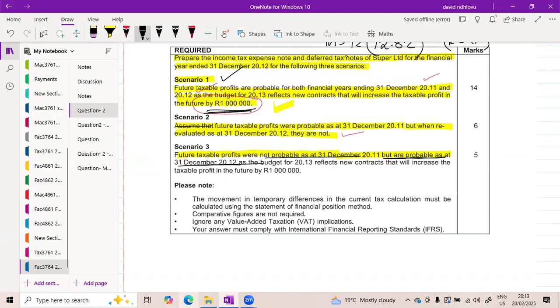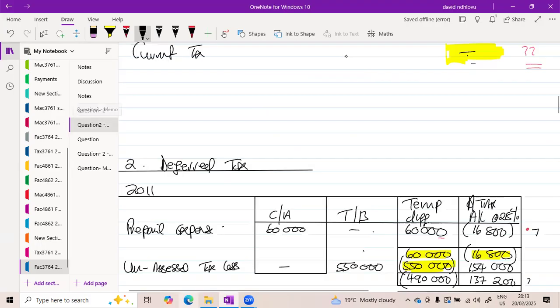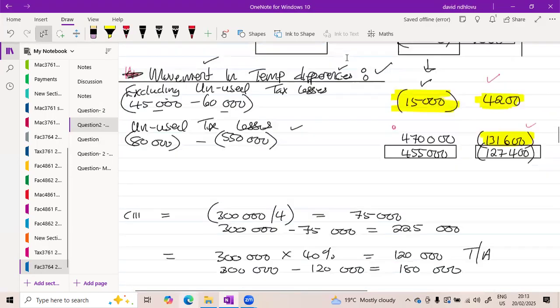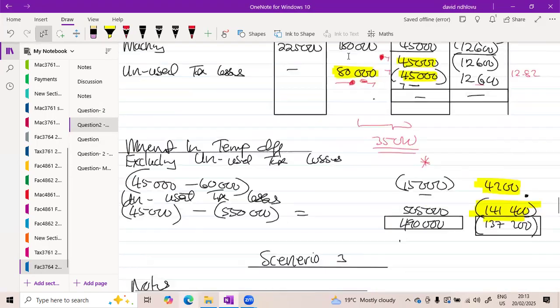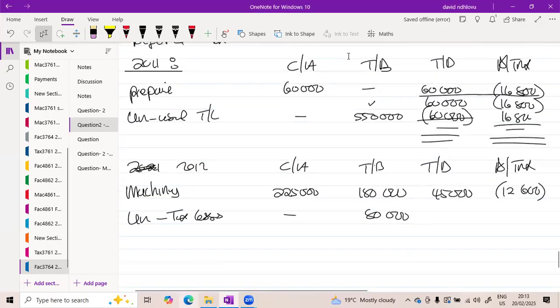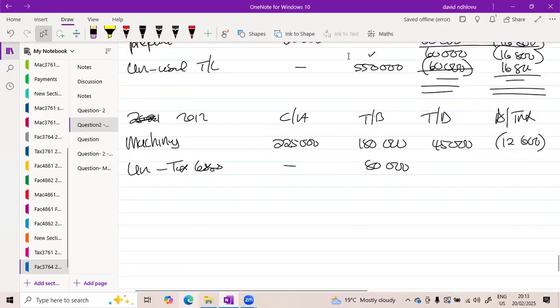So at 31 December, we were now confident our projected profit is 1 million. So we're thinking we'll be able to cover that. What should I do this time to the 80,000? Should I limit or should I not limit? As long as you're expectant of receiving enough profits, then you are not going to limit there. Are we clear, good people?